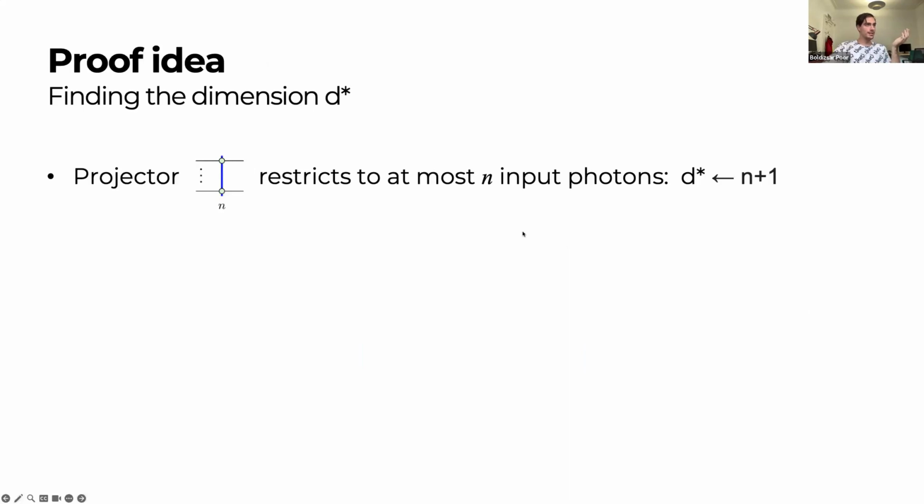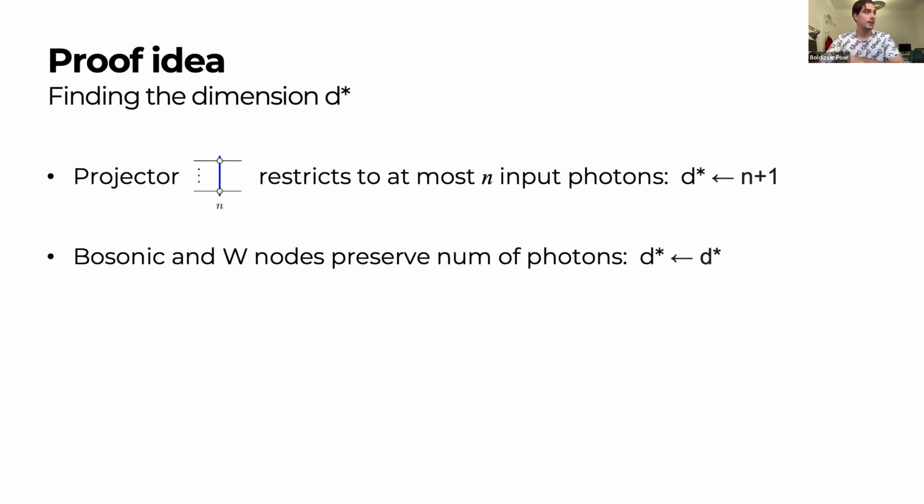So first of all, when we start with this projector, d star can be set to n+1 because after this projector, there can't be more than n+1 photons. And then the bosonic and the W nodes are particle number preserving.